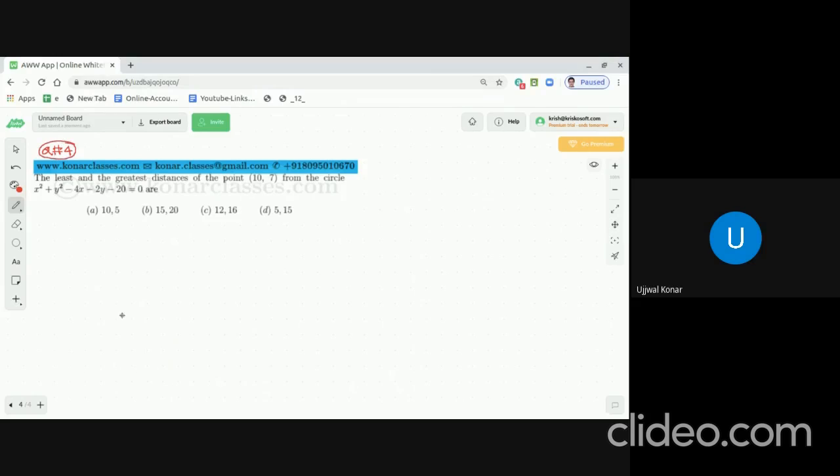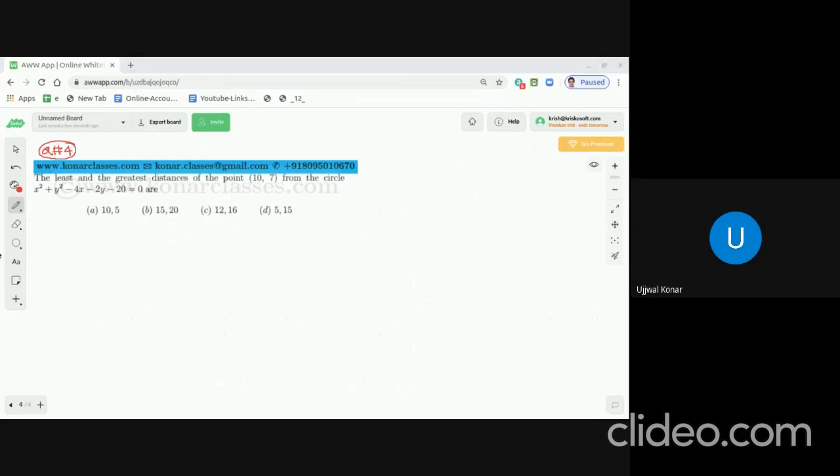Okay, so the question says: the least and the greatest distances of the point (10, 7) from the circle x square plus y square minus 4x minus 2y minus 20 equal to 0 are what? We need to find it out.